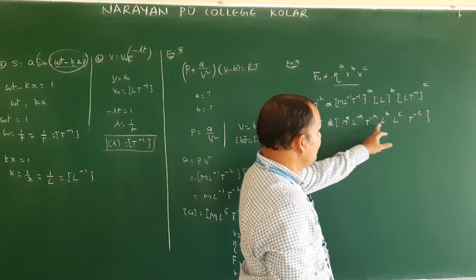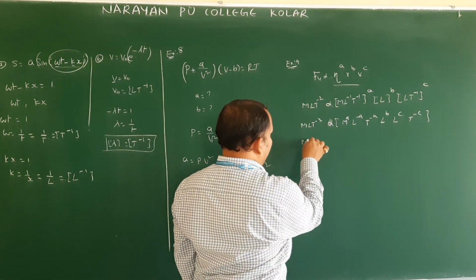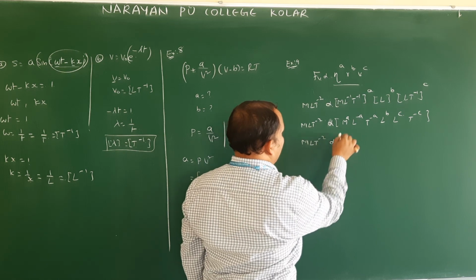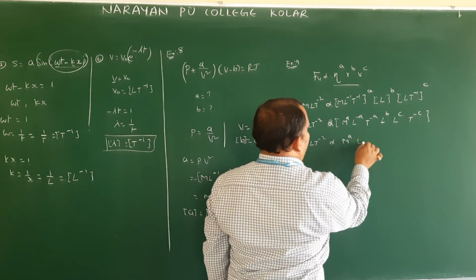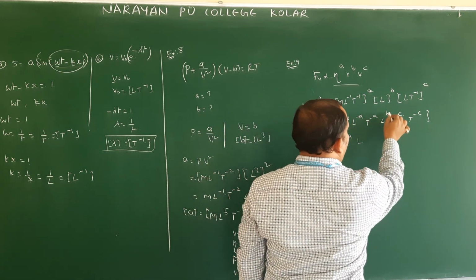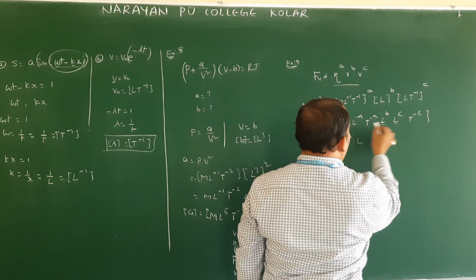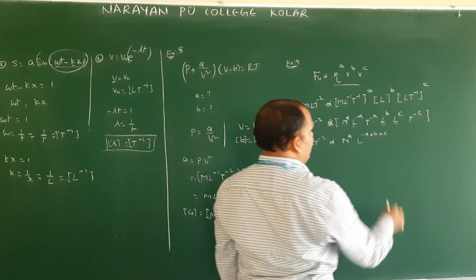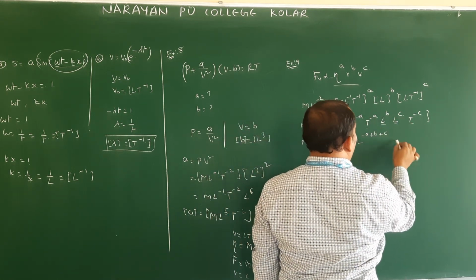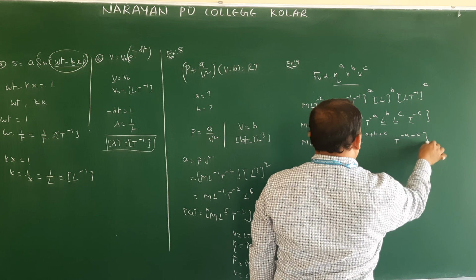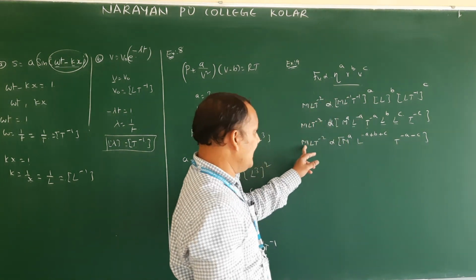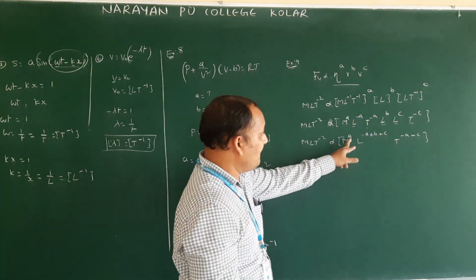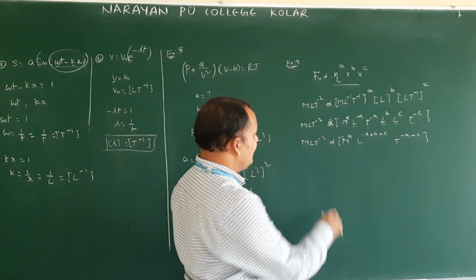See how many M terms are there? Only one term. Therefore, write M L T power minus 2. So M power a, L power minus a plus b plus c, T power minus a minus c. So compare LHS and RHS. Compare M power: here M power how much is there? 1.